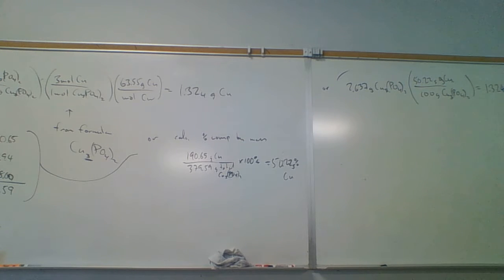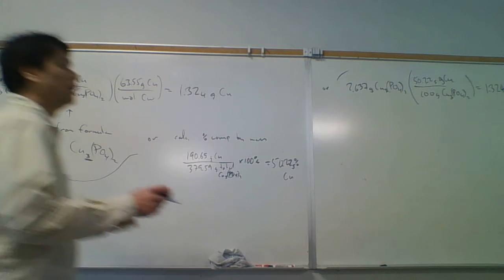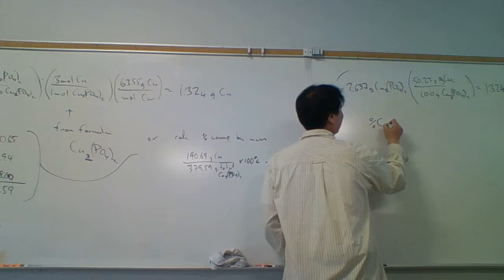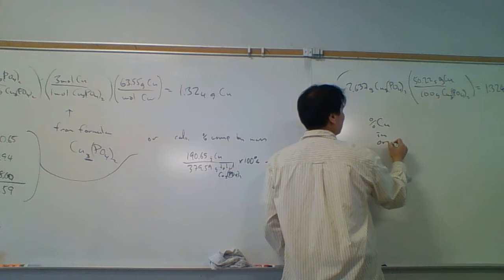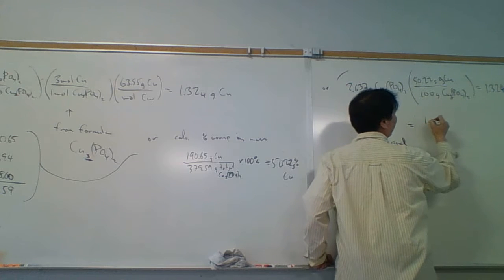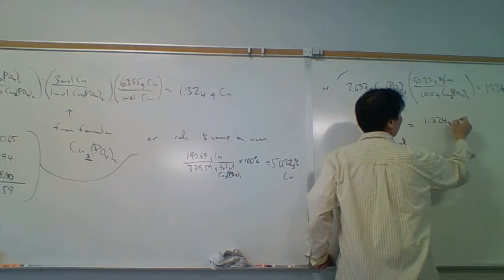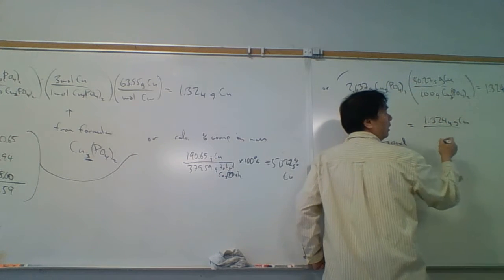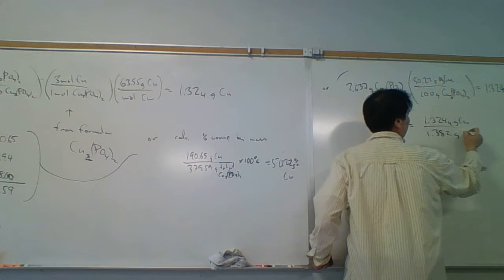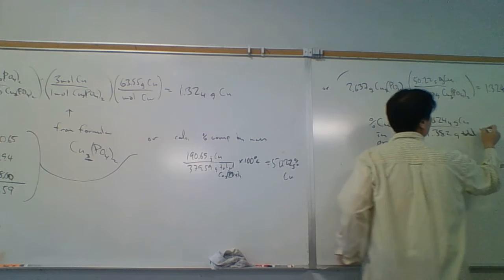The percent copper in the original sample is 1.3244 grams of copper over 1.382 grams of sample total, times 100%.